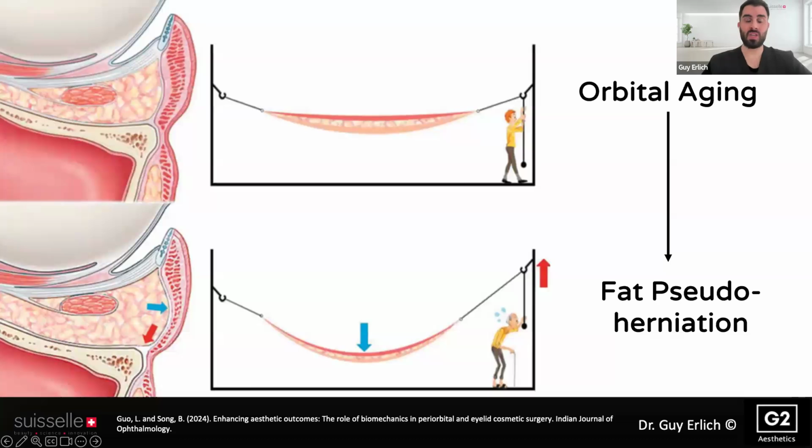But second is because of decreased collagen and increased laxity in the retaining ligament that we'll see later, and of course the muscle tonus of the orbicularis oculi. All of them together result in this pseudo herniation. The fat is herniated, not real herniation, pseudo, because it does not cross the muscle, but pushes the muscle anteriorly and inferiorly.